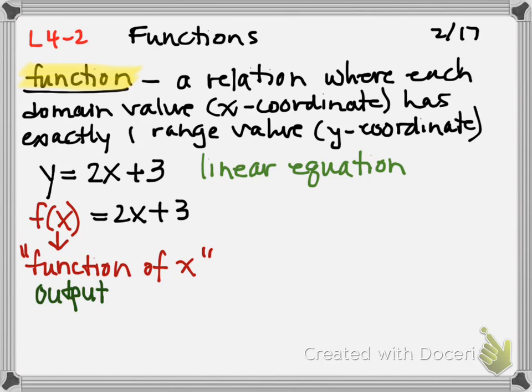This is called the input, is the x part. That's just the x. It's what I put into my function machine. And this entire thing is called the function rule.